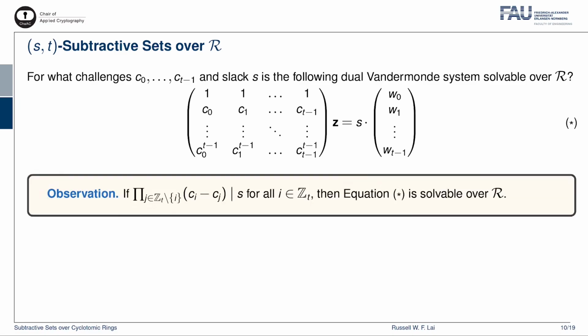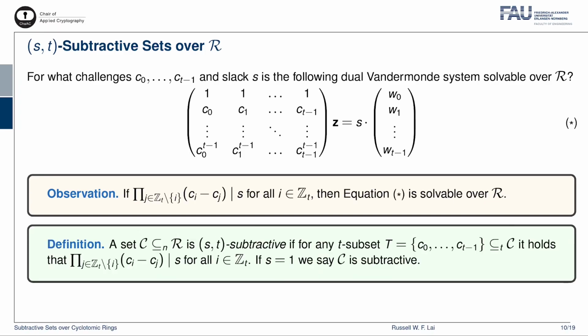Our observation is that if for all i from 0 to t-1, the slack S is divisible by the product of Ci minus Cj for all j not equal to i, then the dual Vandermonde system is solvable over R. This motivates us to define the notion of ST subtractive set.